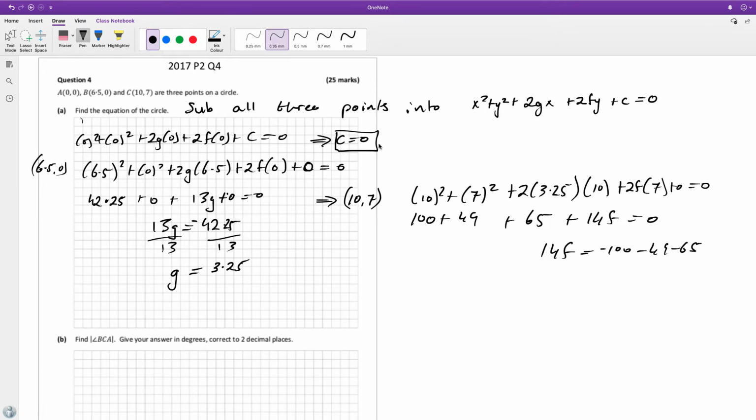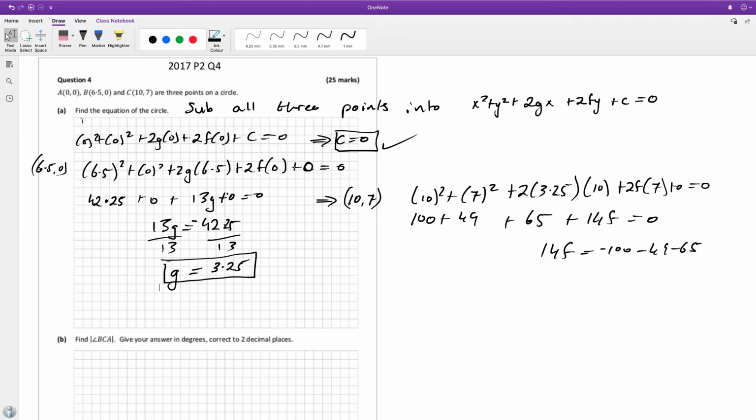So we got c is equal to 0. We got g is equal to 3.25, is it? And for f: 10 squared plus 7 squared plus 2gx, 2 times g, which is 3.25, times x, which is 10, plus 2f times 7, plus c is equal to 0. 10 squared is 100, 7 squared is 49. 2 by 3.25 times 10 is 65. 2 by 7 is 14f.